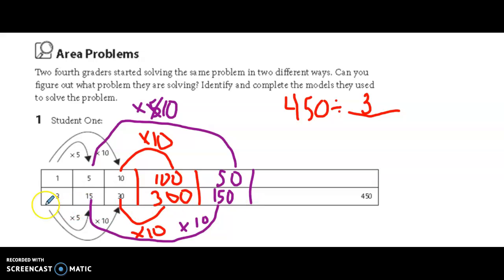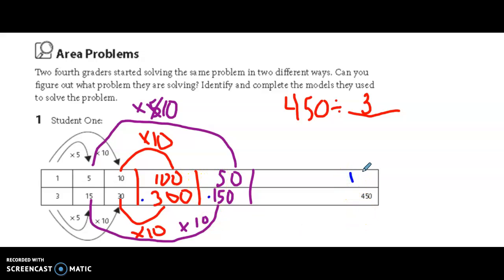Okay, so now again, I'm looking at my numbers. I want to look at my bottom numbers because those are the numbers I'm going to try to add to get to 450. So I'm looking around to see if I can make 450. Well, what do you know? I've got 300 and I have 150. 300 plus 150 is 450. So I'm going to use those partners to help me. Well, 100 plus 50 is 150.